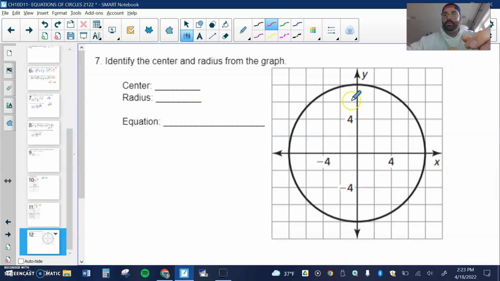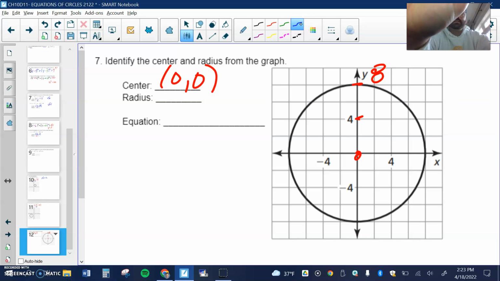It's going 4 units in every direction, but it's actually going 2, 4, 6, 8 units because this is 4, that makes this 8. So our center is actually 0, 0, and our radius is 8. So it's 2, 4, 6, 8.